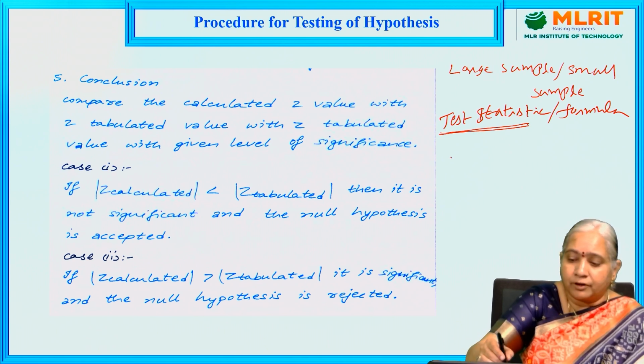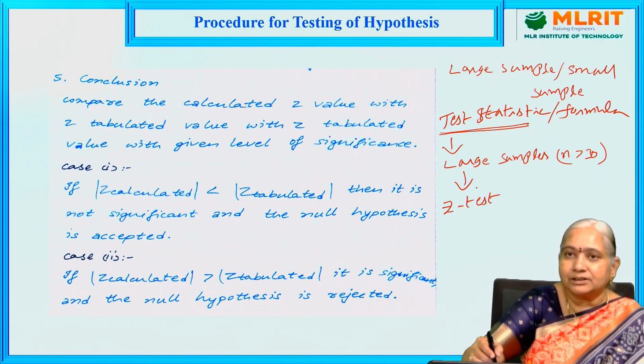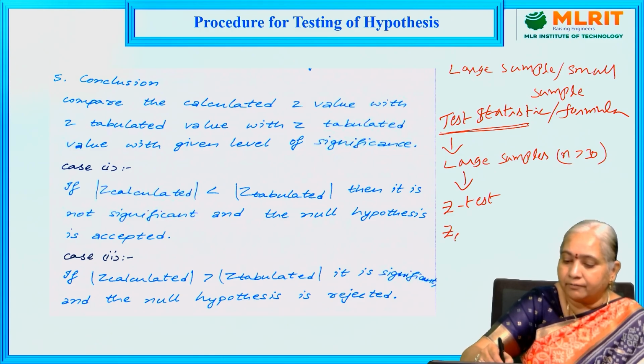Suppose for all large samples, n greater than 30, we apply the z-test. And the test statistic we are calculating from the sample data is the z calculated value.